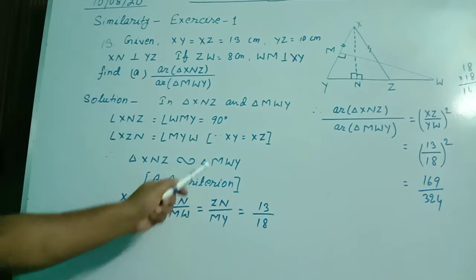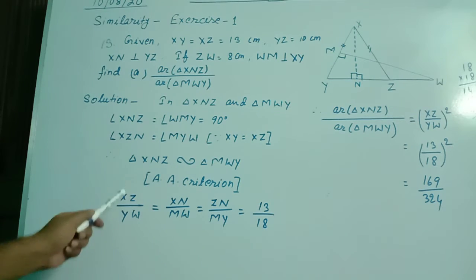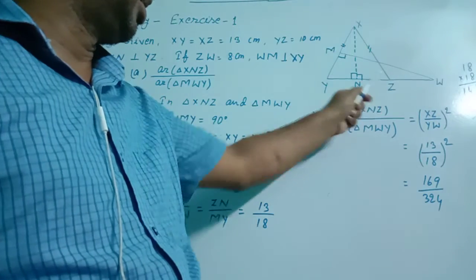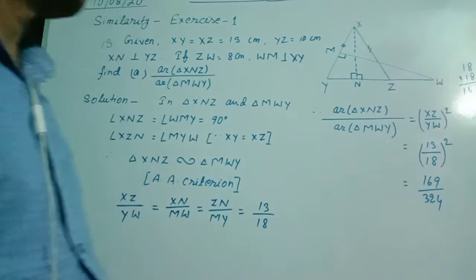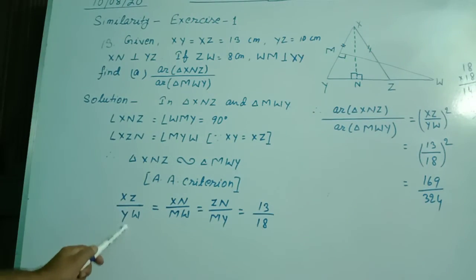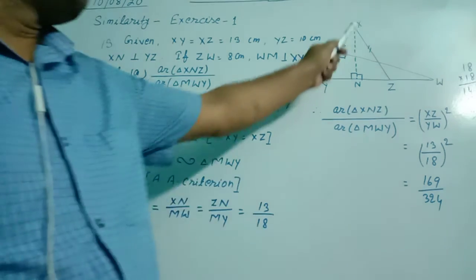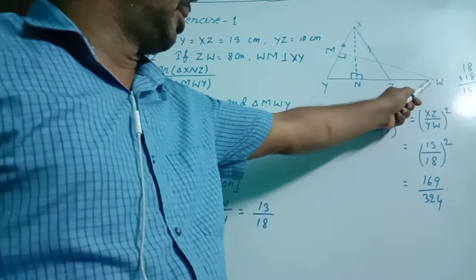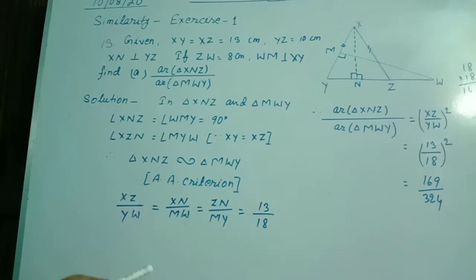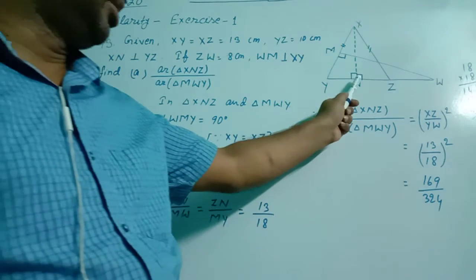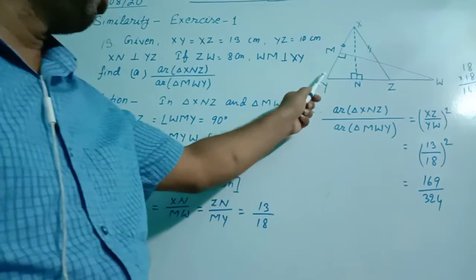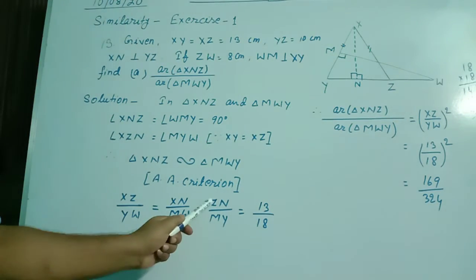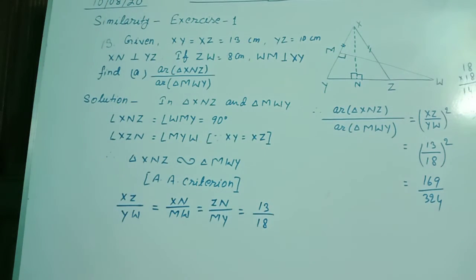Since these two triangles are similar, the ratio of the corresponding sides will be equal. Hypotenuse XZ and hypotenuse YW are corresponding sides, so XZ by YW. Perpendicular XN and perpendicular WM are corresponding sides, XN by MW. Base NZ and base MY are corresponding sides, so ZN by MY equals how much?